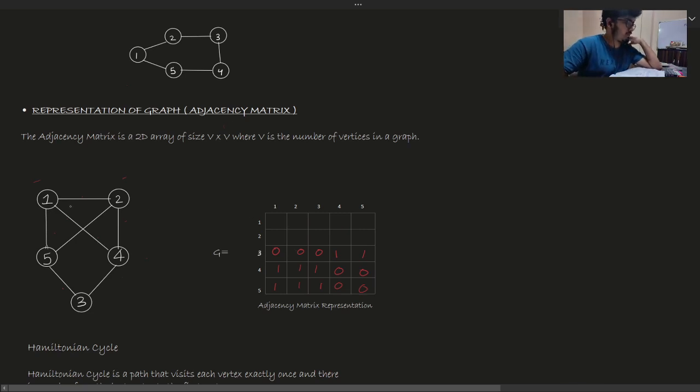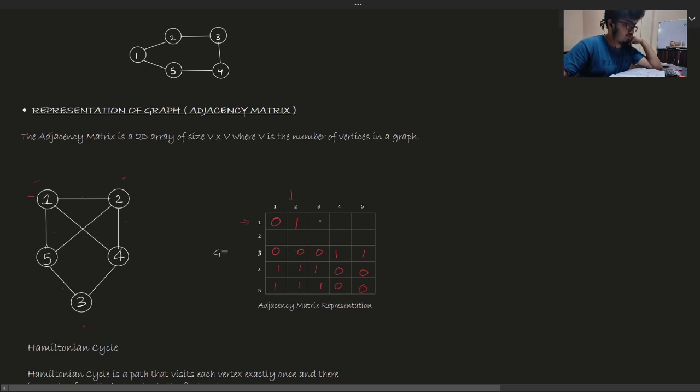Is there an edge between 1 and 1? No. Between 1 and 2? Yes. Between 1 and 3?